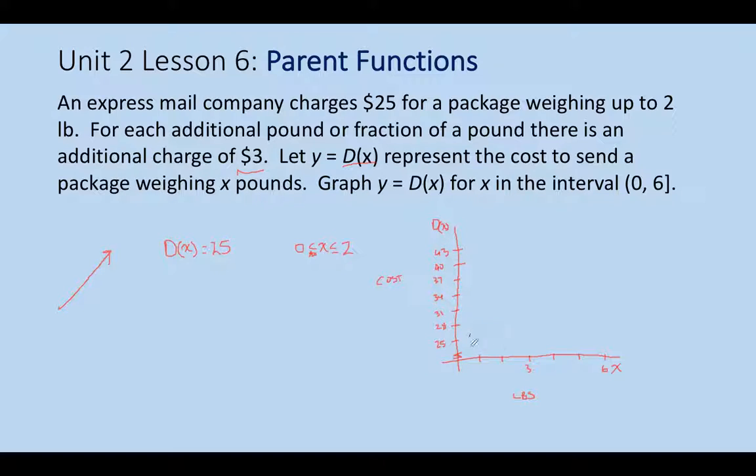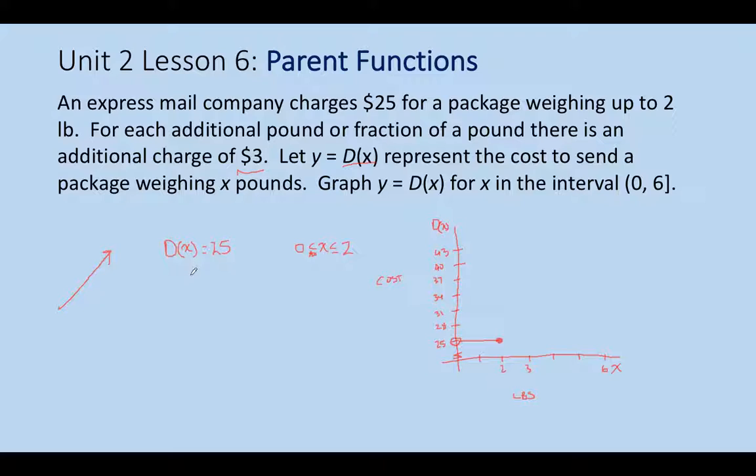Okay, so here from 0 to 2, okay, again, I've got an open dot here because I can't have a package that's exactly 0 pounds. And then as I go up to 2, okay, that's just a flat $25, okay? So it doesn't matter if it's 0.01 or if it's 1.99 or even 2, okay, it's going to be exactly $25.